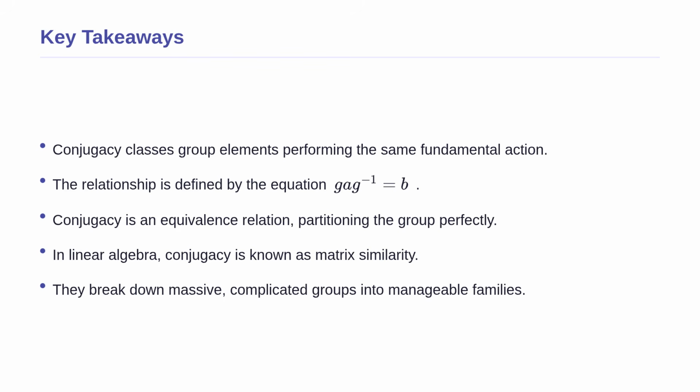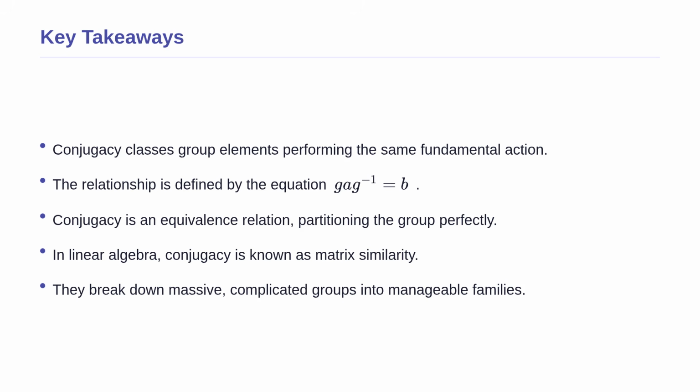The most important idea is that a conjugacy class groups together elements of a mathematical group that perform the exact same fundamental action, just from different starting perspectives. We test this using the formula G times A times G inverse equals B. We also proved that conjugacy is a valid equivalence relation, meaning it perfectly partitions any group into distinct slices.